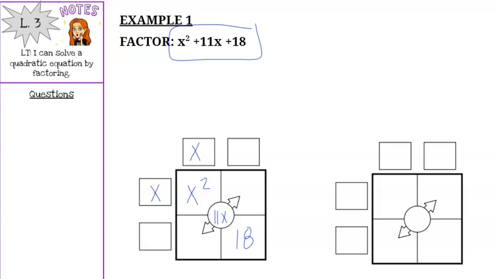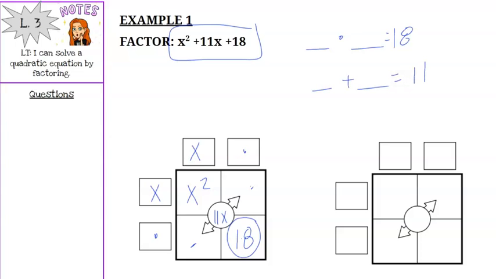So now we need 2 numbers that are going to multiply to make this 18, because this number times this number is going to give us that box right there, 18. But also, these 2 boxes are going to come from those 2 numbers, and we need them to add up to be 11.